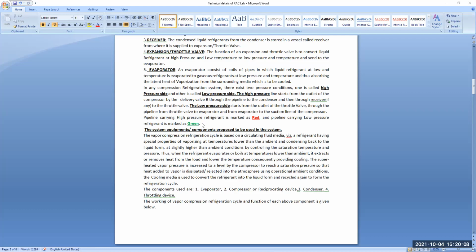Now, next comes the vapor compression refrigeration cycle, which is based on a circulating fluid medium, for example a refrigerant having the special property of vaporizing at a temperature lower than the ambient and condensing back to the liquid form.